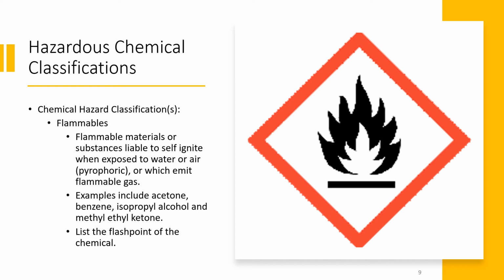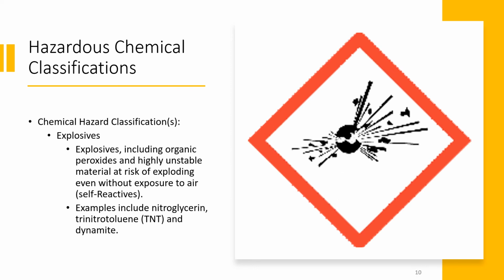Doesn't mean that we're not trying to make it that. We're heating up the process. We're doing something. But if you were just to have that out on a table at 256 degrees, it's not going to liberate off enough flammable fumes to be considered a flammable. So we have to read and understand the SDS on this one. Go to the next one here.